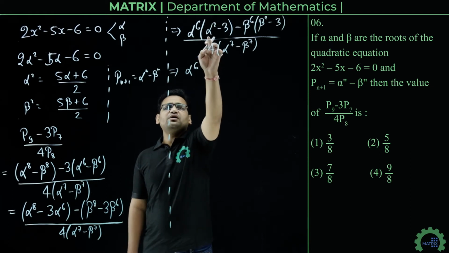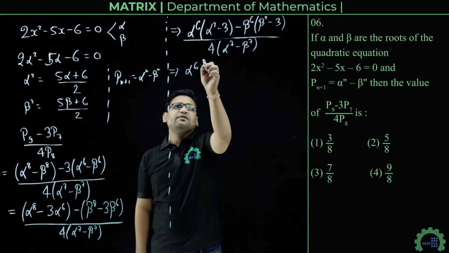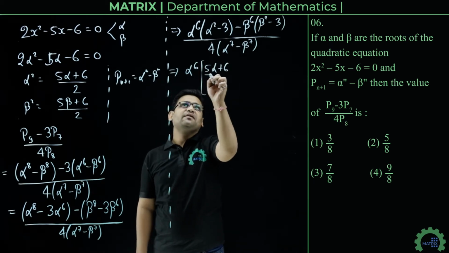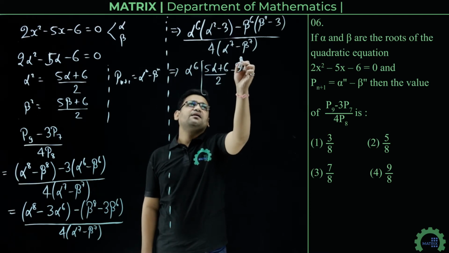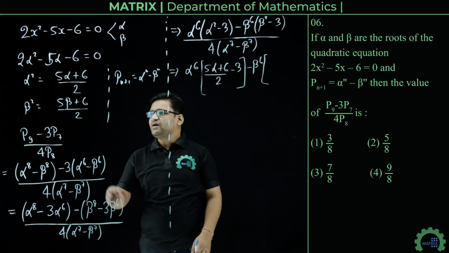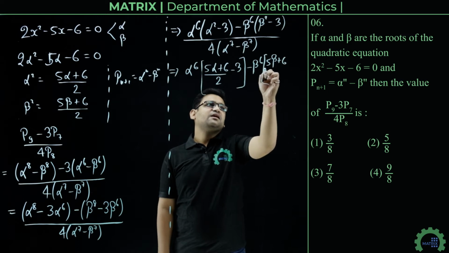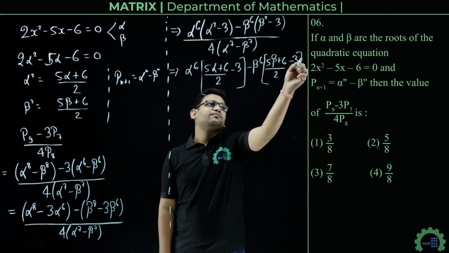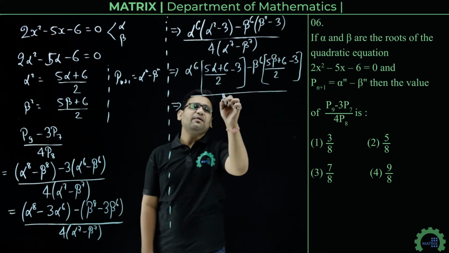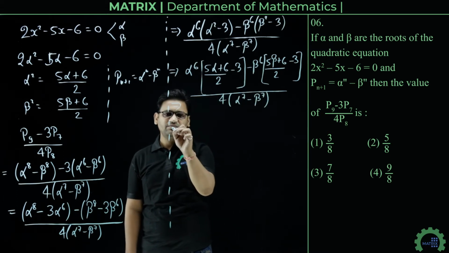Then substituting the value of alpha square as (5 alpha plus 6) upon 2, we get (5 alpha plus 6) divided by 2 minus 3, minus beta raised to power 6, and beta square will be (5 beta plus 6) upon 2, so (5 beta plus 6) divided by 2 minus 3, whole divided by 4 times of (alpha raised to power 7 minus beta raised to power 7).